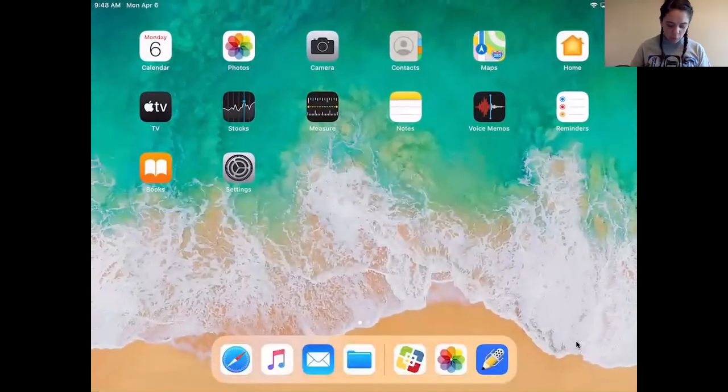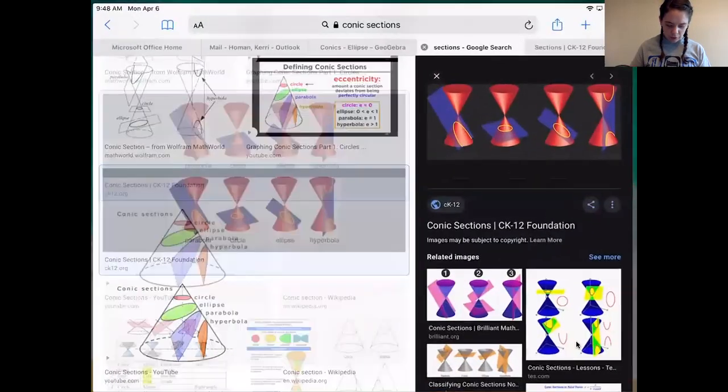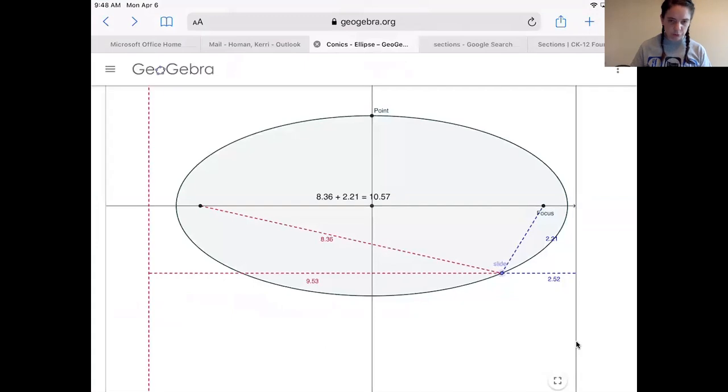Okay, well, if we go here to this ellipse, I want you to notice that right in the middle, there is an addition problem, and right now it's equaling 10.57. That addition problem is taking the red dotted line and the blue dotted line and adding them together.